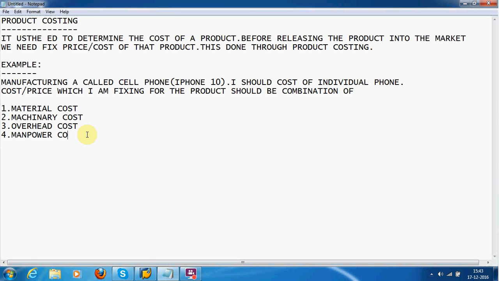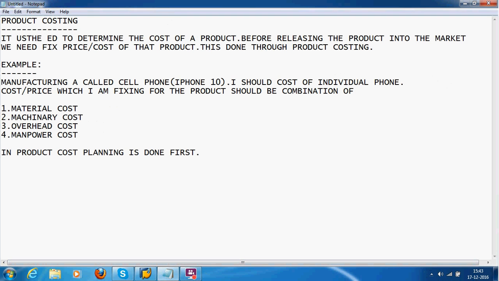In order to calculate that cost, we need to work on product costing. In product costing, planning is done first. Why do we need to plan?